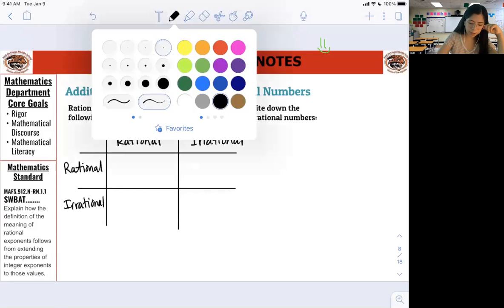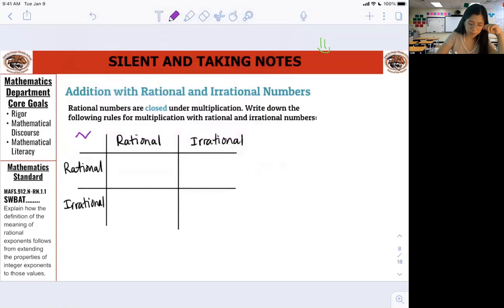So this time I'm talking multiplication, so I'm going to put a multiplication symbol. Rational times irrational is always rational. When you mix them up, so irrational times rational, will it ever be rational? No. Nope. So it's never rational.